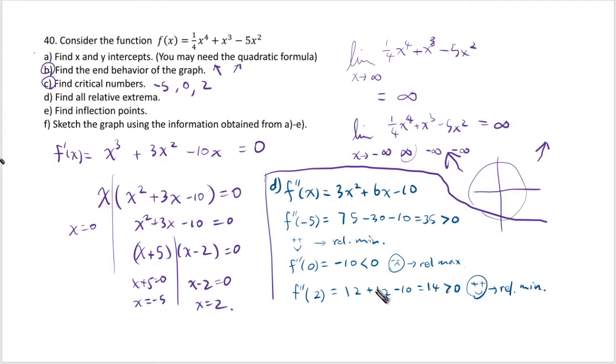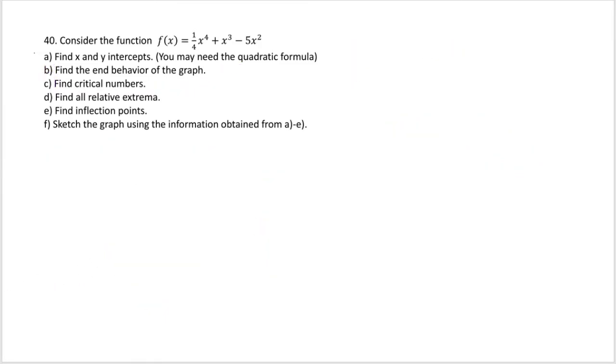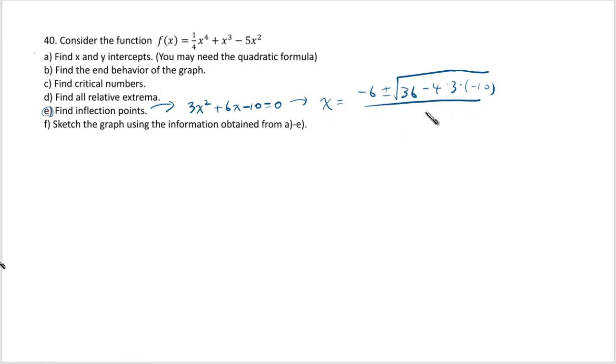Inflection points are points where this is equal to 0, and unfortunately that cannot be factored. So find inflection points. You have 3x squared plus 6x minus 10 equal to 0, and since you can't factor this, you have to use the quadratic formula. 6 squared is 36 minus 4 times 3 times negative 10 over twice of 3, so it's 6.